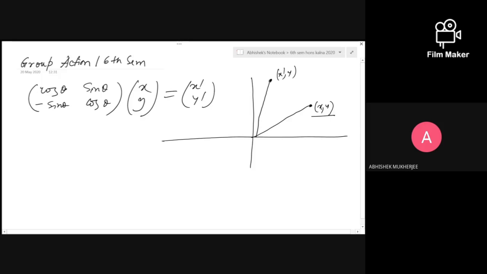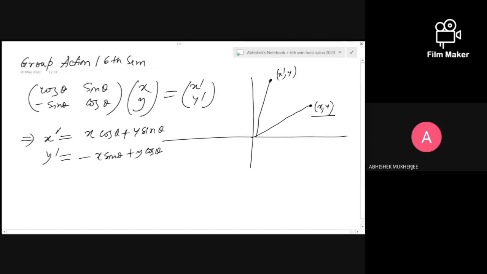Okay. So then the new point will be x cos theta plus y sin theta, and y dash is minus x sin theta plus y cos theta.